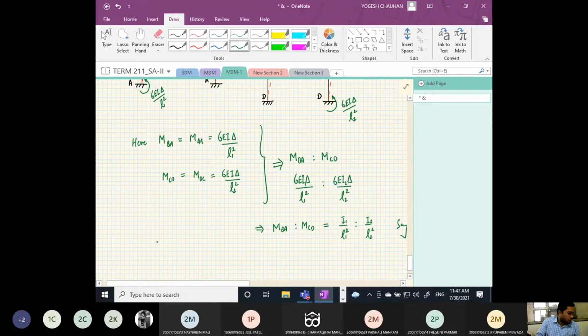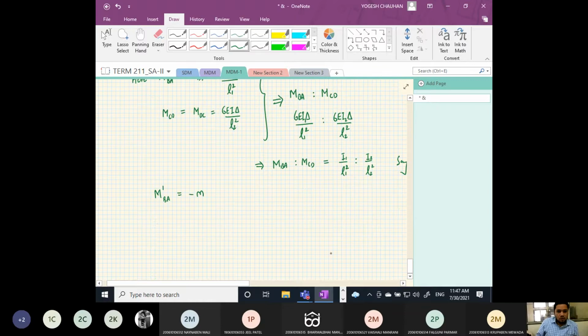So what we can do now, we can assume, let us say, M dash BA equals M dash AB equals minus M, and M dash CD equals M dash DC equals minus N. These are the arbitrary moments which we don't know.